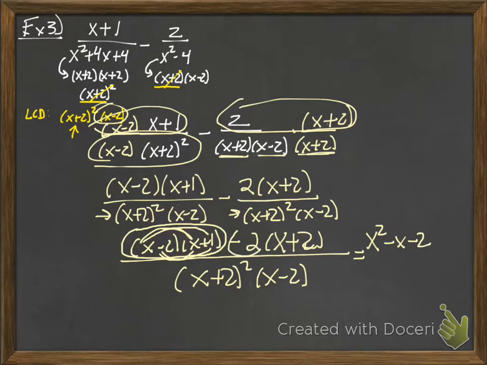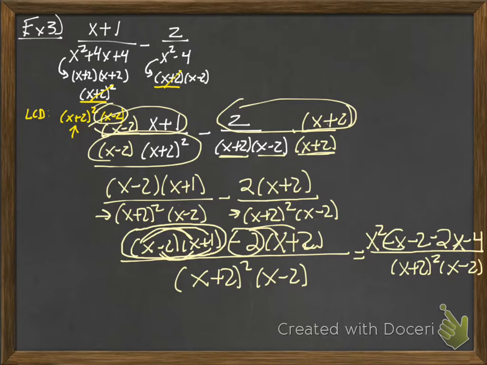I'm going to distribute the negative 2 here to the x and to the 2 to get minus 2x minus 4. All of that good stuff over the common denominator, x plus 2 squared times an x minus 2. Are there any like terms here? I think so.